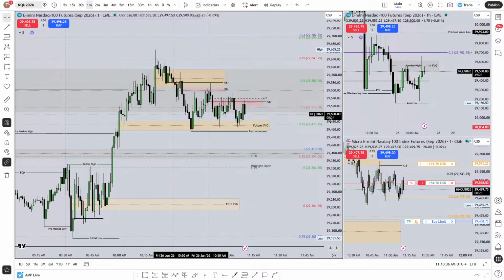This is pretty brutal. Displacement up and then displacement right back down. It's very, very, very manipulated price action here.